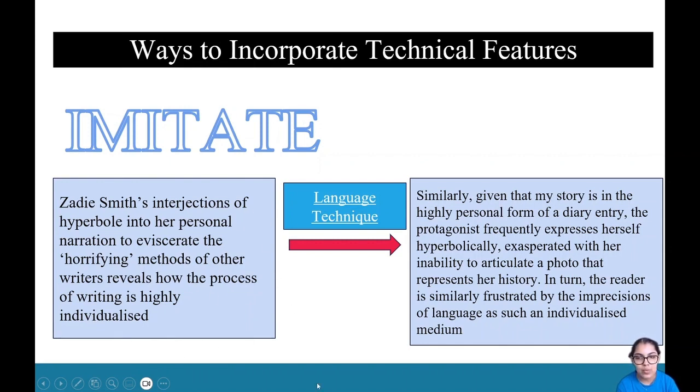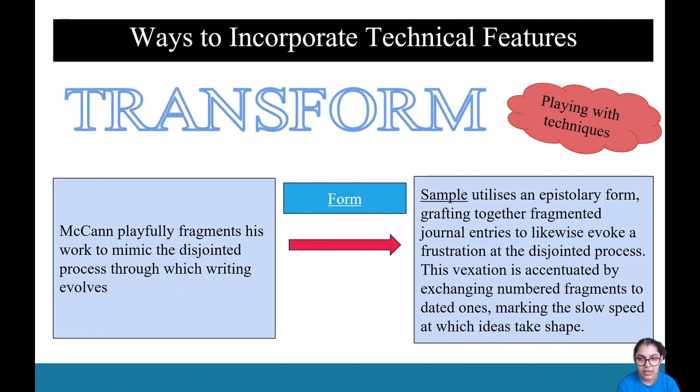If we have that, we can imitate that language technique by saying that similarly, given that my story is in the highly personal form of a diary entry, the protagonist frequently expresses herself hyperbolically, exasperated with her inability to articulate a photo that represents her history. In turn, the reader is similarly frustrated by the imprecisions of language as such an individualized medium.